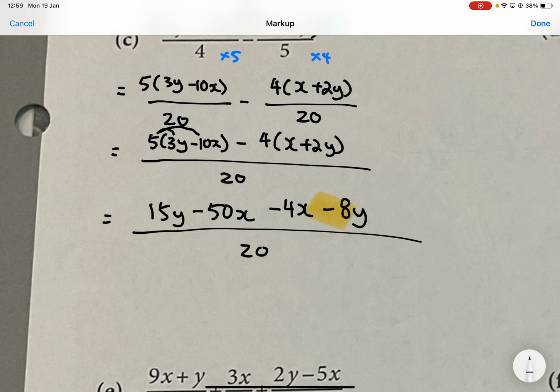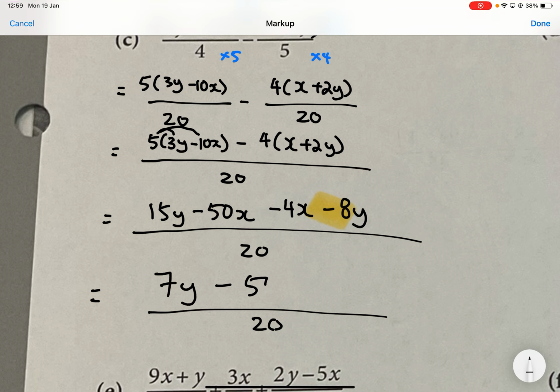Can? Then after that, simplify. x and x put together, y and y put together. 15y minus 8y, 7y. Minus 50x minus another 4x. Minus 54x. Why did you have plus?